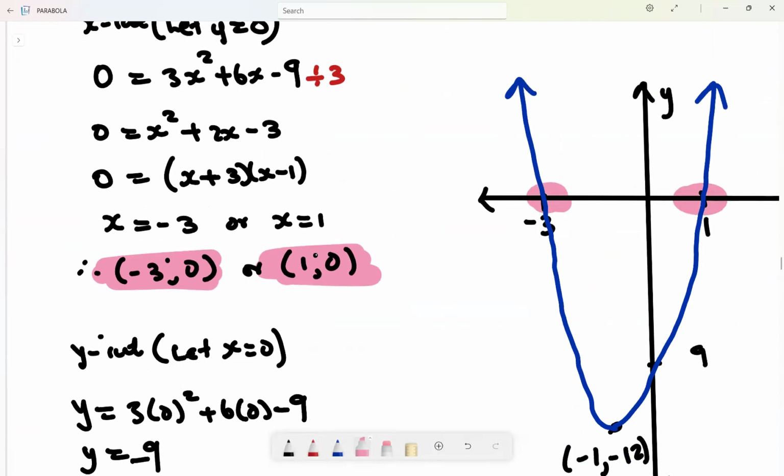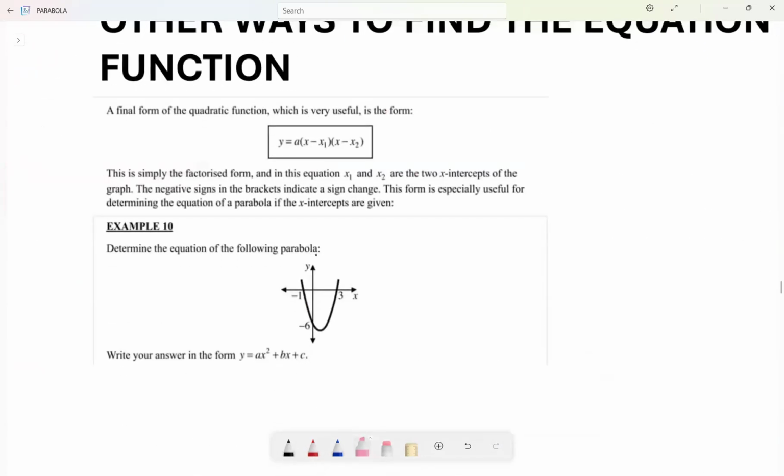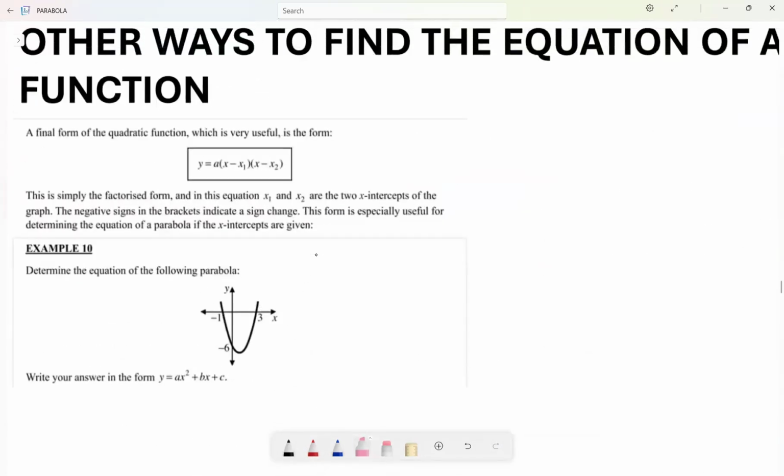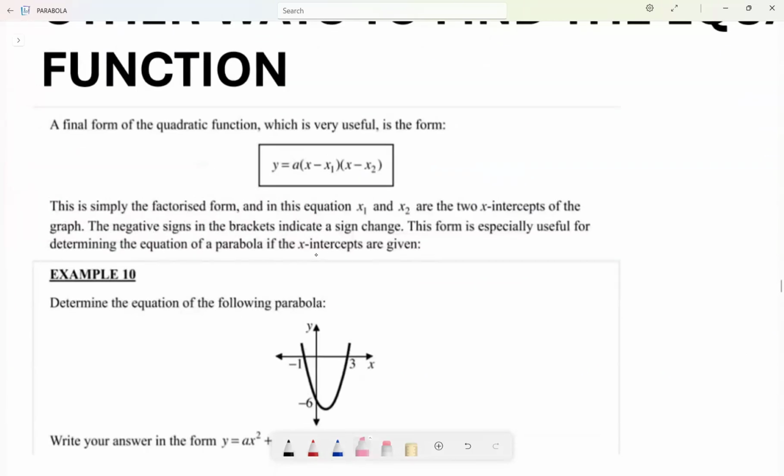So in case you are given the x-intercepts and any point, or you are not given any turning point, then we need to know how to simplify that into a certain equation. So a final form of quadratic equation, which is very useful, let me zoom that out, is y is equal to a times (x minus x1)(x minus x2). So this is simply the factorized form.